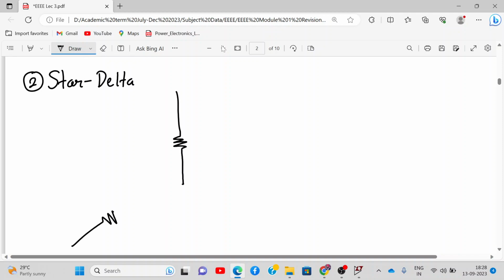Then we'll go to the next one, that is star to delta transformation. For this, first I will draw a star network, a bigger one. So this is my star connection 1, 2, and 3.